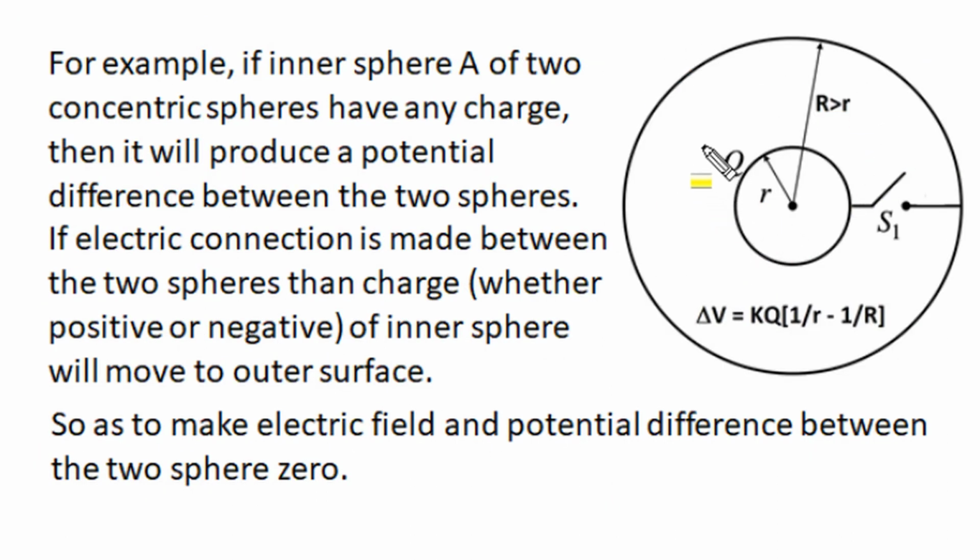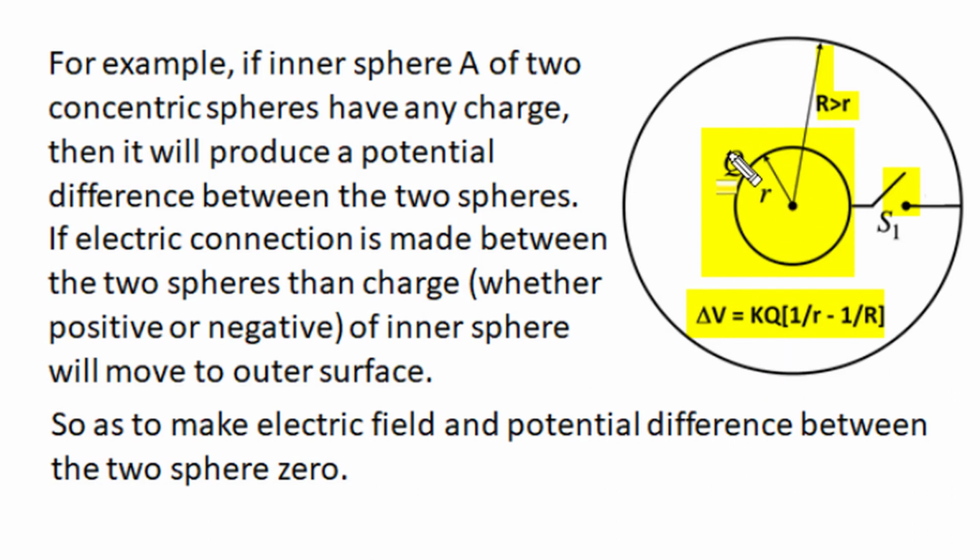For example, here we have two concentric spheres, one inner sphere of small radius r and another sphere of capital radius R, which is greater than small r. If inner sphere A gets some charge, then that charge will produce some electric field and potential difference between the two spherical surfaces as given by this relation. If we make any connection with an electric conductor between these two spheres, as per the condition of electrostatics, the two metal surfaces should have the same potential, and for equipotential spheres there should not be any electric field or potential difference between the two spherical surfaces.